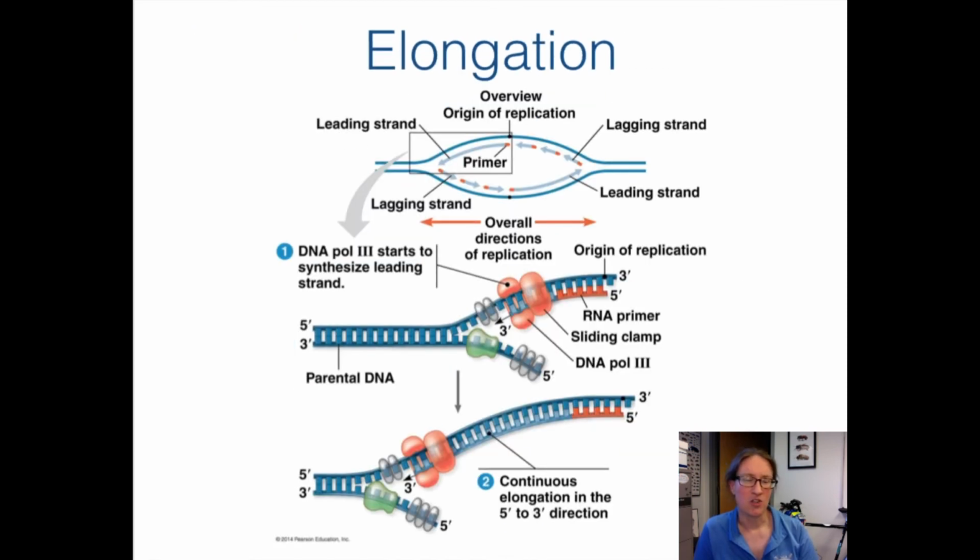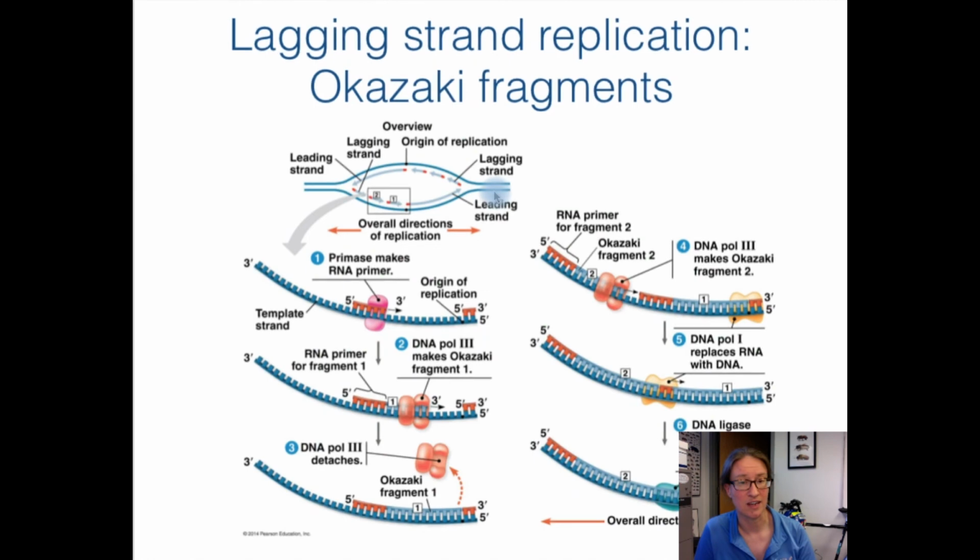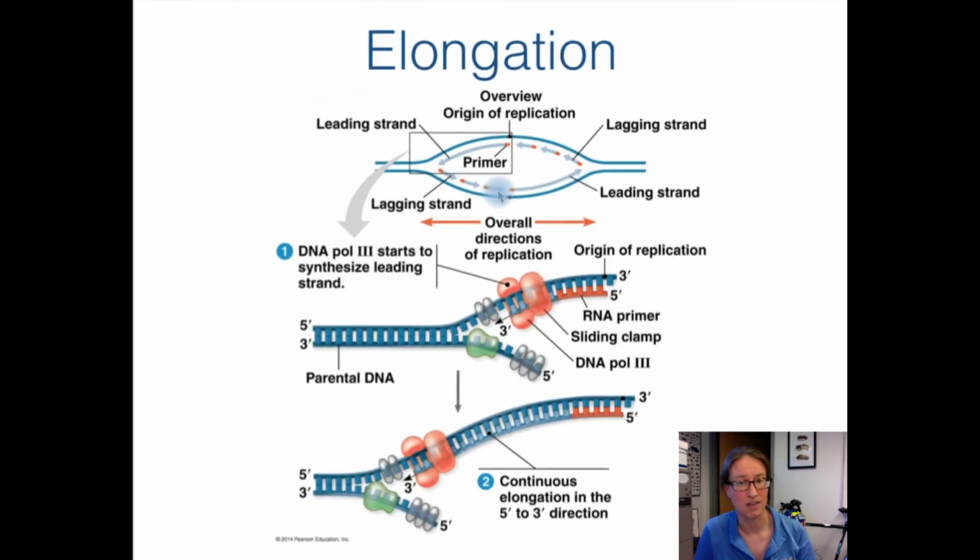So here's another illustration of the process of elongation of DNA off of that initial primer segment. This is showing you the full replication bubble that contains 2 different replication forks. And in each of those forks, there's going to be a leading strand that can be synthesized continuously and a lagging strand that's synthesized in pieces, those Okazaki fragments.